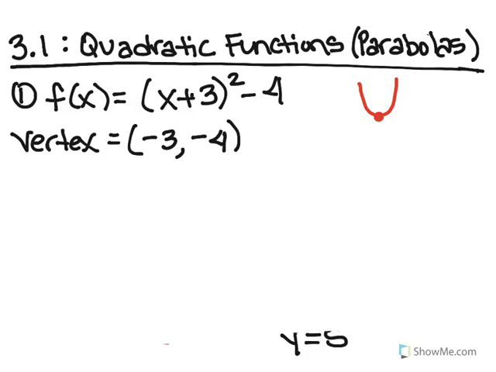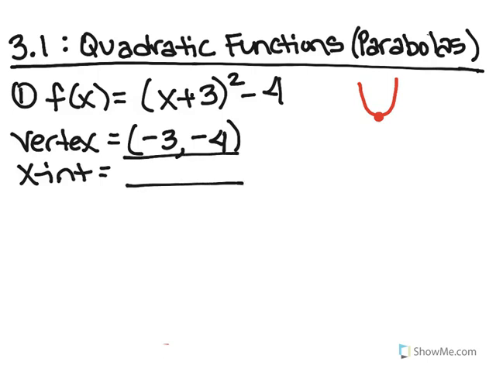Now, I'm going to write all the things that I need to graph over here on the side by my vertex. So I have x-intercept, gonna have a blank for it. Y-intercept, I got a blank for it. Now, these blanks, if we were taking a written test, I would have had these blanks where you had to fill them in.